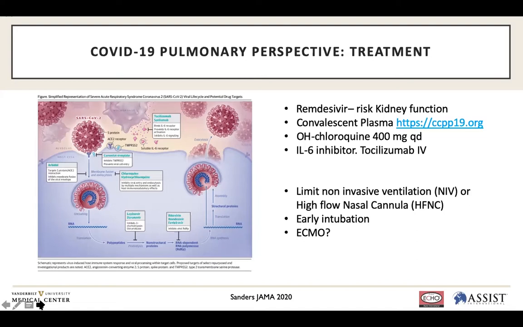Large studies are ongoing as well, and we should hear from those pretty quickly. The IL-6 inhibitor, tocilizumab, is a drug that tries to prevent this wild inflammatory disease that is associated with more advanced infection of the lung in particular.